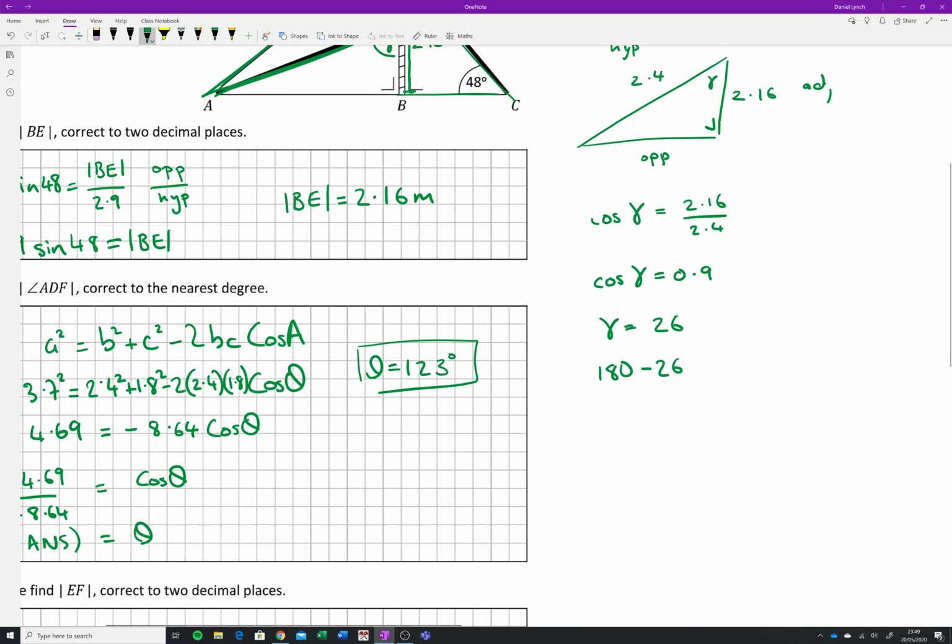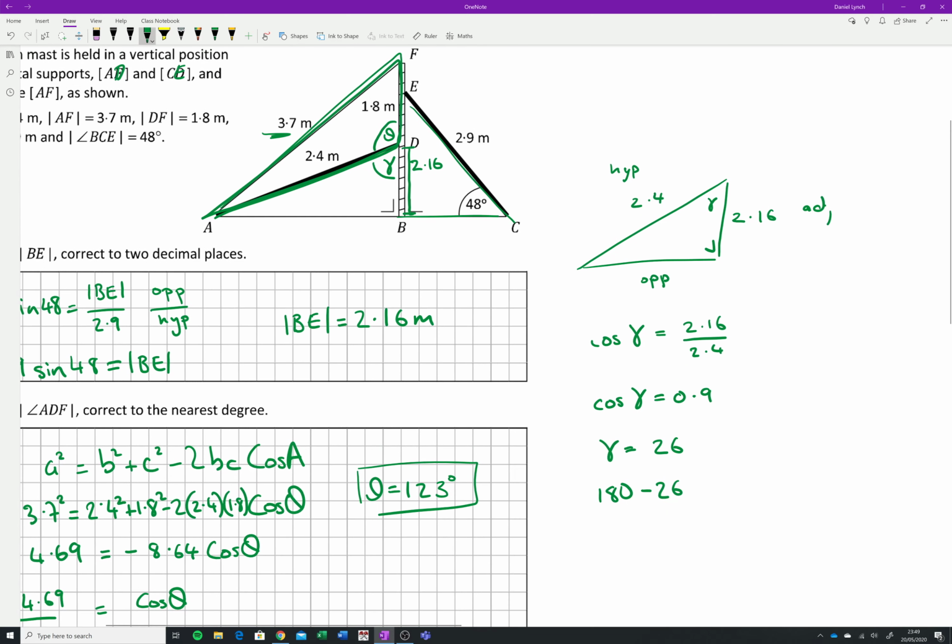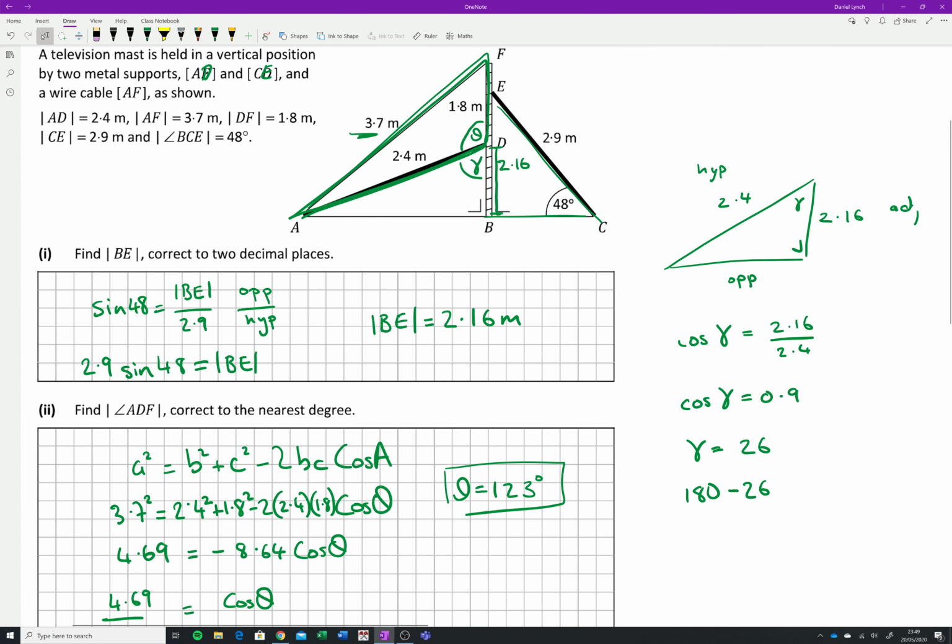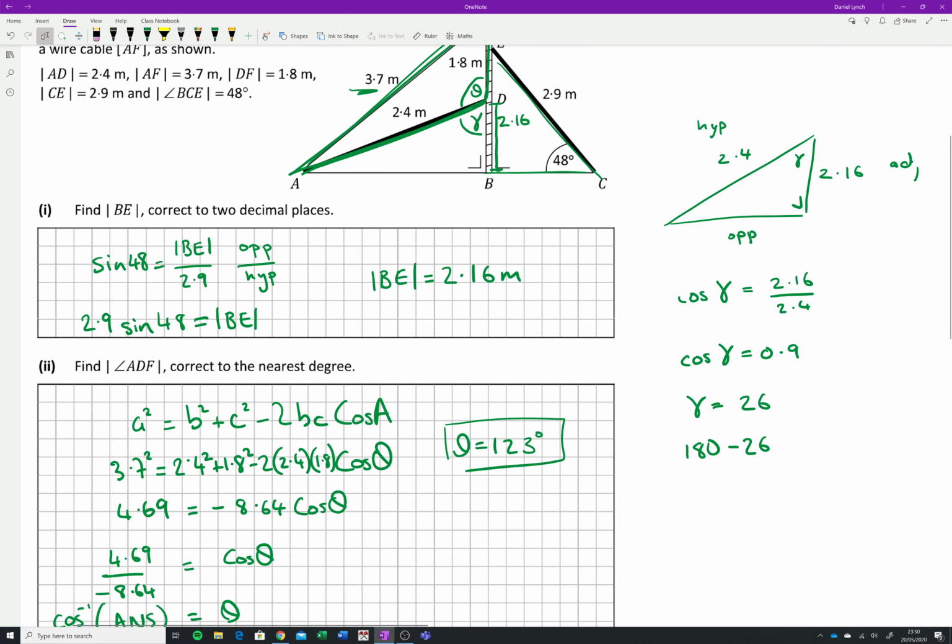So let me just double check the numbers that I've used down here first. 3.7, 2.4, 1.8. Okay, 3.7 squared minus 2.4 squared minus 1.8 squared. Yeah, so this number is right. 2 times 2.4 times 1.8, that is also correct.